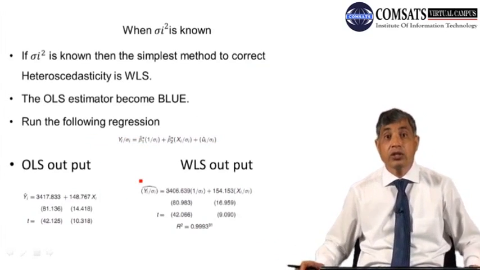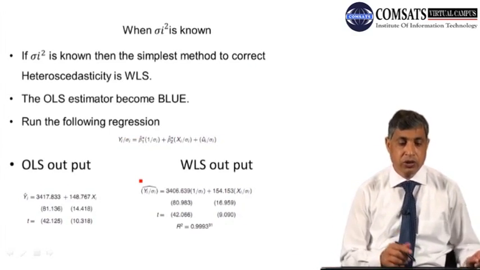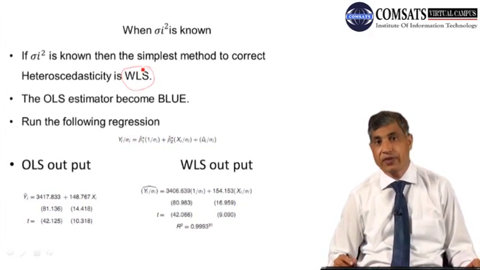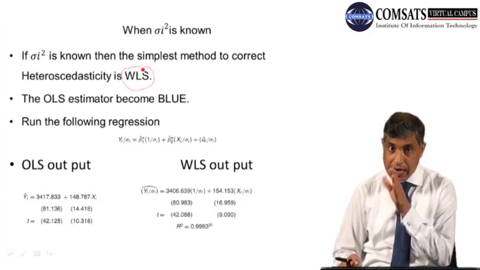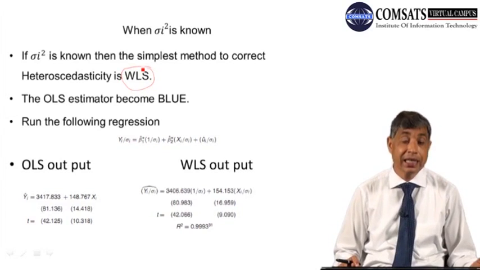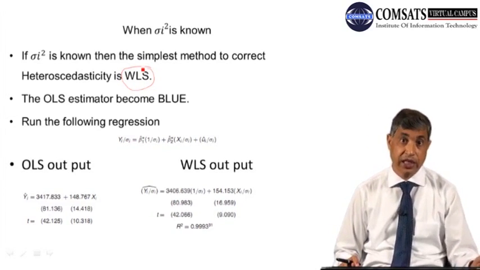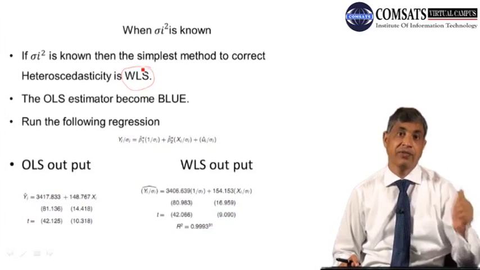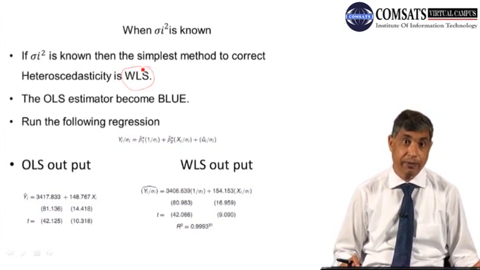The first is when sigma square is known. Assumption: if sigma square is known, then the simpler method is the weighted least square method. We give the weight. It is a similar example, though not identical: when we transformed the variables to avoid multicollinearity, we divided all the variables by total population to get per capita variables.